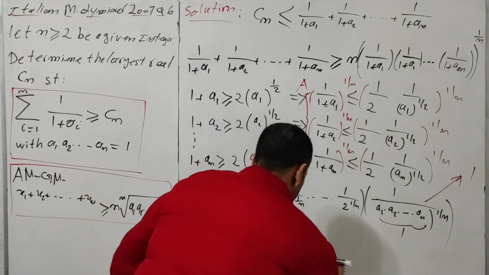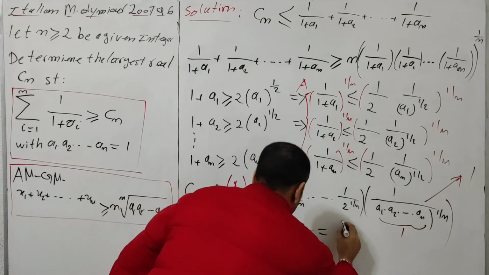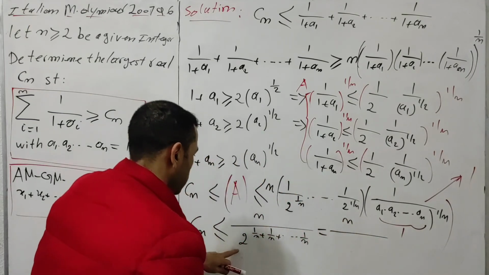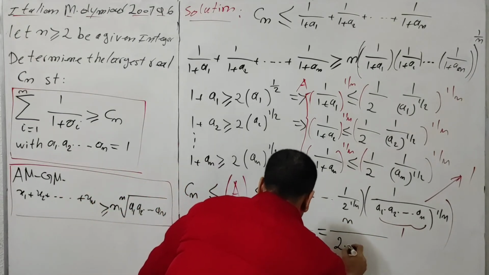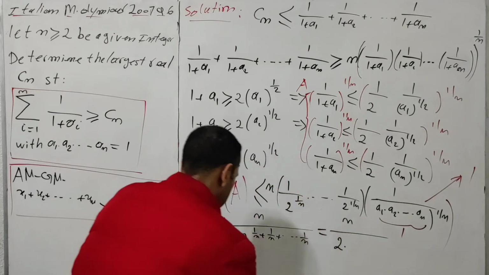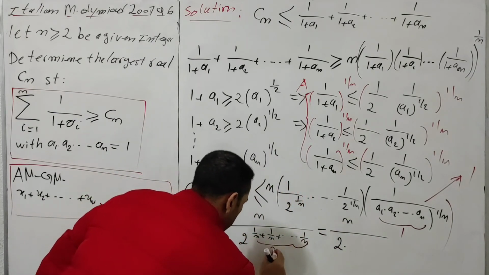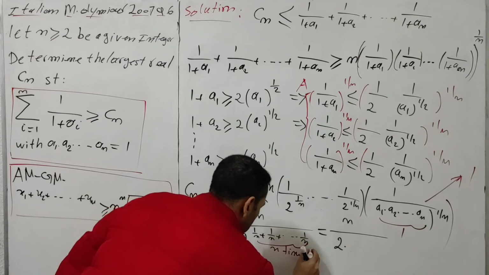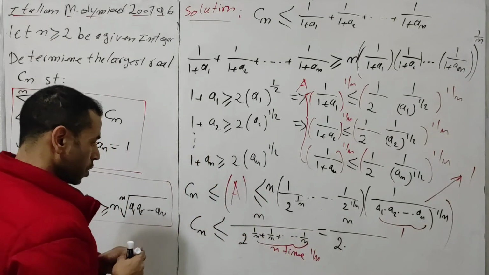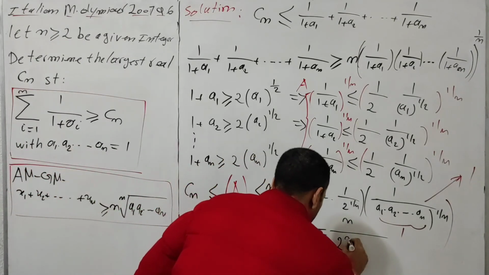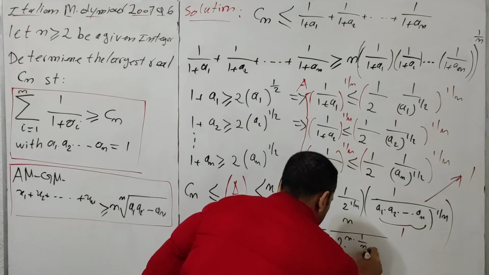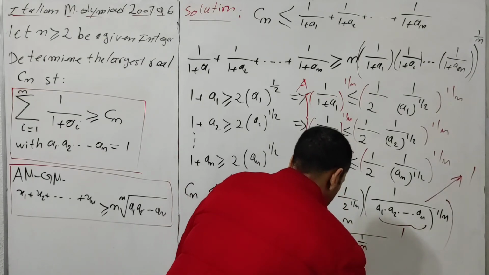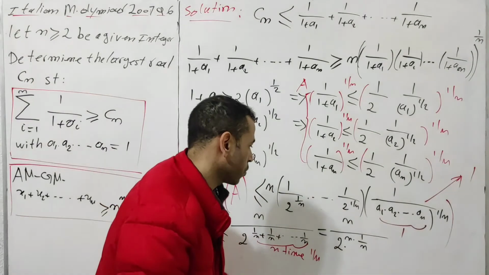So this equals n divided by 2. This is n times 1 over n, which is 2 to the power of n multiplied by 1 over n, and n multiplied by 1 over n is 1.